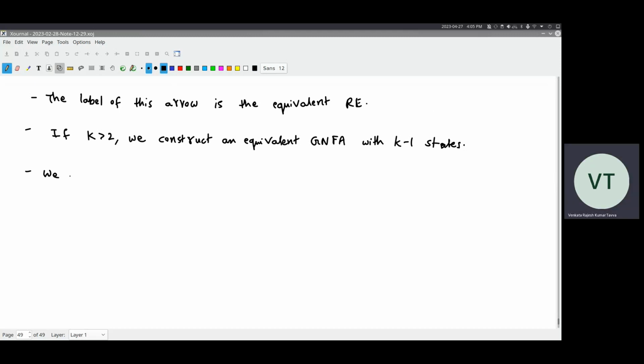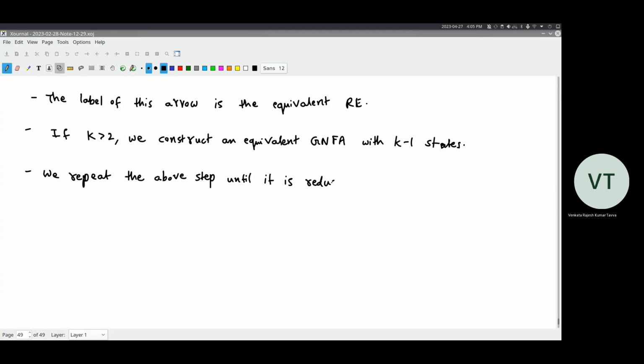We repeat the above step until it is reduced to how many states? 2 states. You should be left with only one start state and one accept state. So if you have more states, you continue reducing one state at a time until you are left with 2 states.